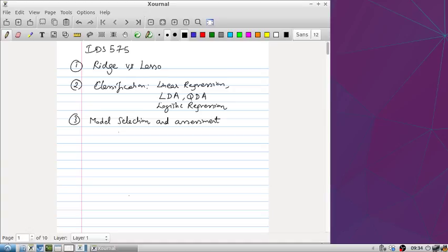Okay, so these are the topics we'll try to cover today. Mostly we'll try to finish up linear models with regression, which is what we were doing in the past two or three lectures. And then we'll look at some linear models related to classification.